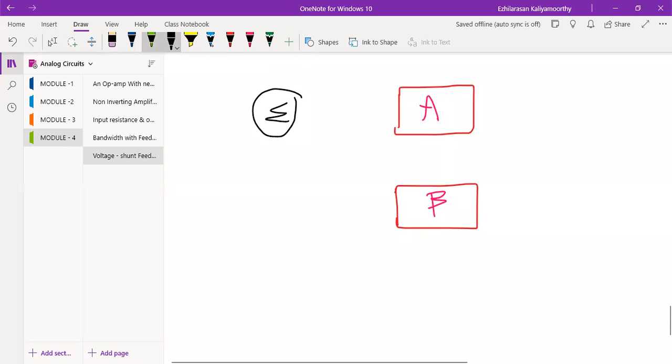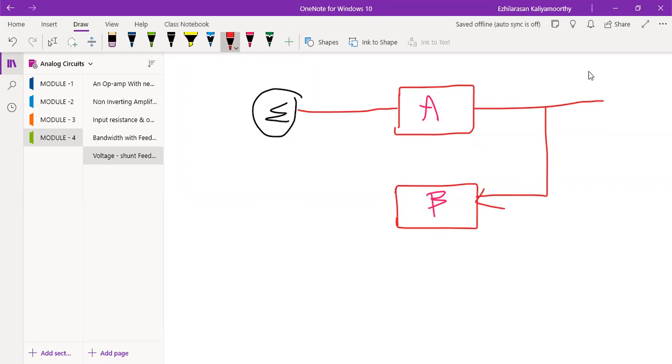This will be your output, which is V naught. Then this beta goes to the summer, and this will be your minus. This is VID, and this will be your VF.